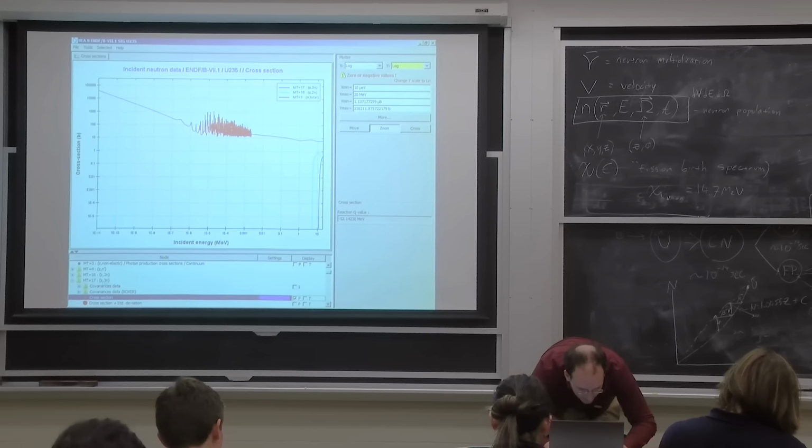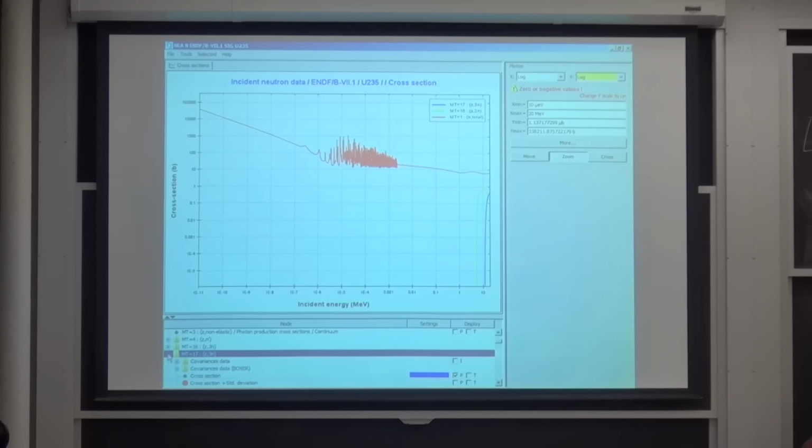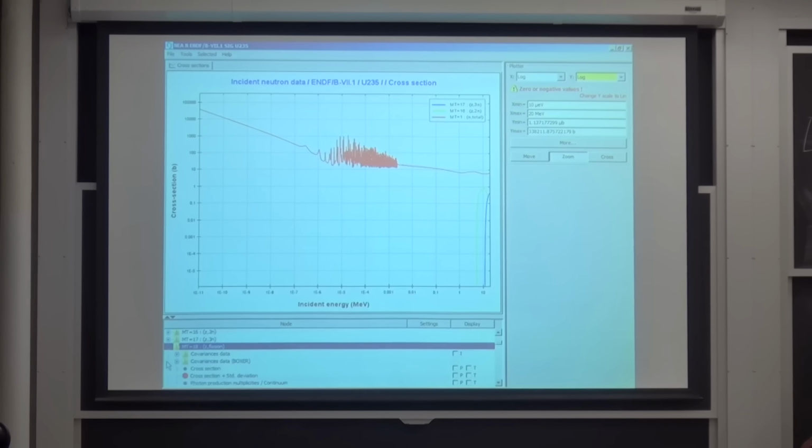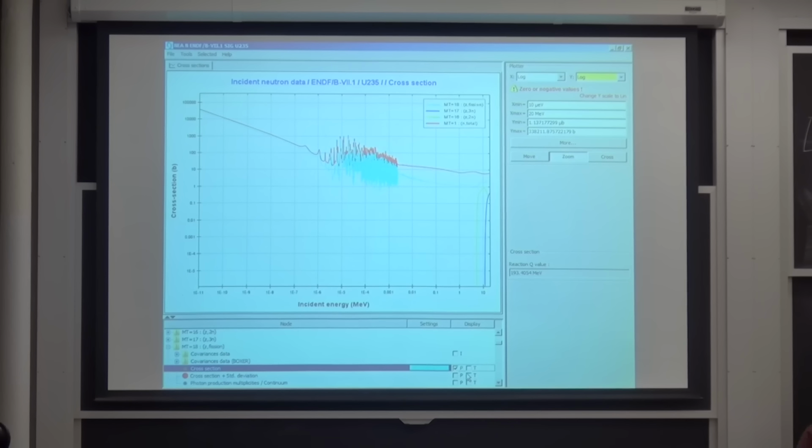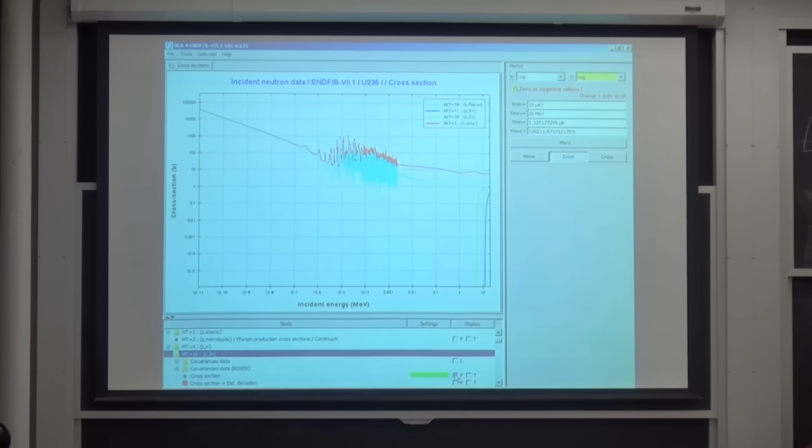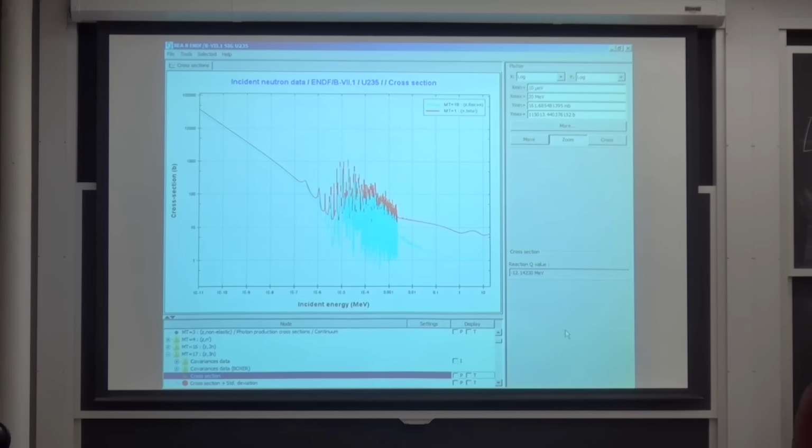So let's go and answer my original question. How much of the total cross-section is due to fission? Most of it, especially at low energies. So let me get rid of those 2N and 3N ones because they're kind of ruining our data. It's making it harder to see. That's better.